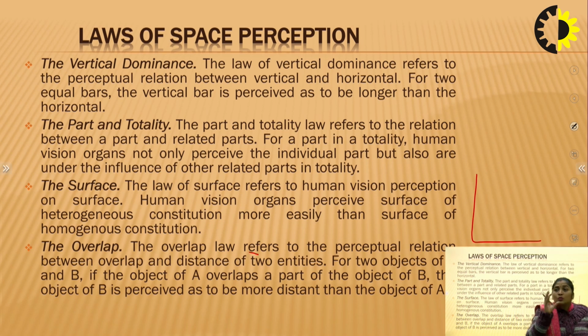Related means what are the basic characteristics of all these parts. So this is the part law. And totality means what characteristics influence the other parts of that object. Now, what is the surface? Surface means what kind of surface the object is lying on. It can be heterogeneous, it can be homogeneous.